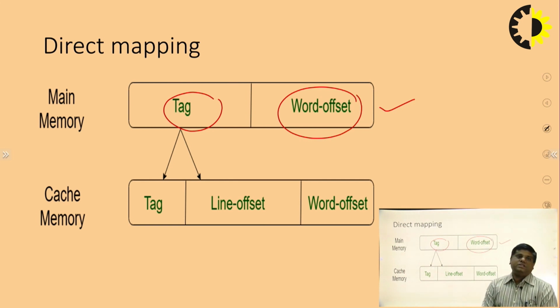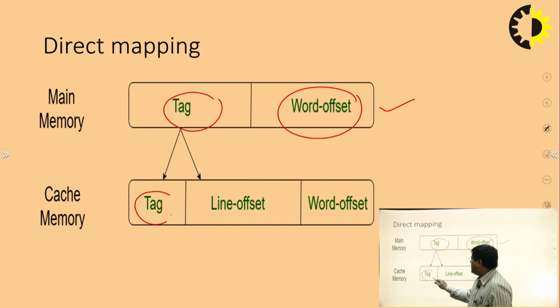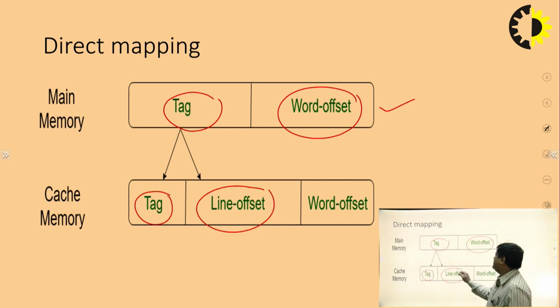Tag represents the number of blocks available in the main memory, and the word offset represents the number of words available in each block. That is the configuration of the main memory. When the data of the main memory is mapped into the cache memory, then the tag is divided into two parts: tag offset and line offset.